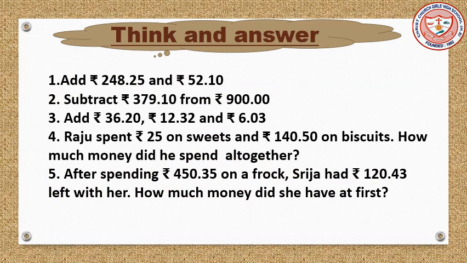Girls, please try the following questions on your own. Alright? Number 1, add rupees 248.25 and rupees 52.10. Number 2, subtract rupees 379.10 from rupees 900.